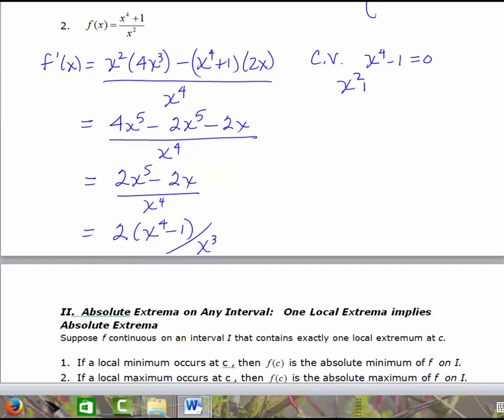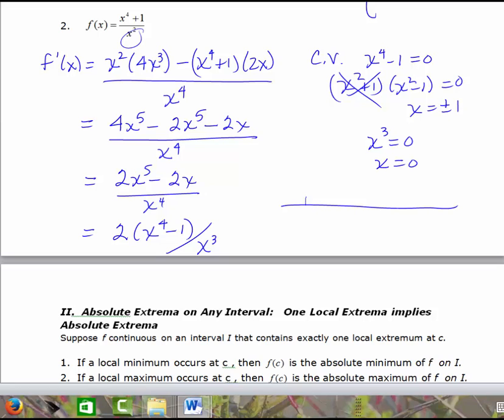That's x squared plus 1 times x squared minus 1. You get no values from that, and the x squared minus 1 gives you x equals plus or minus 1. When you set x cubed equal to 0, you get x equals 0. We have an issue with this because x equals 0 is not in the domain, so it's not a critical value. However, we do need to use it in our tests.